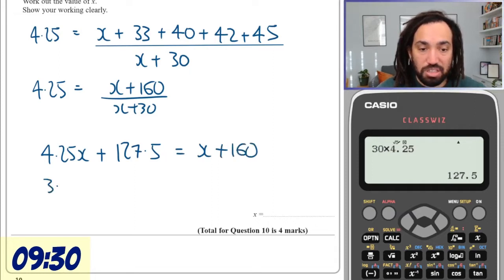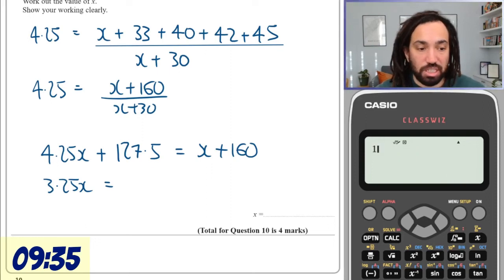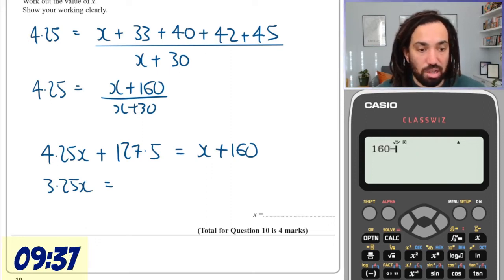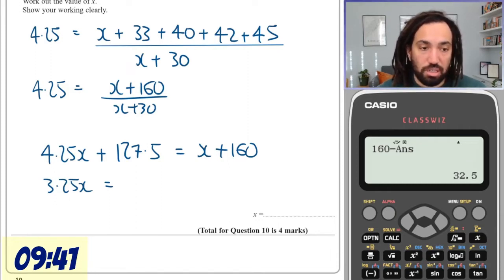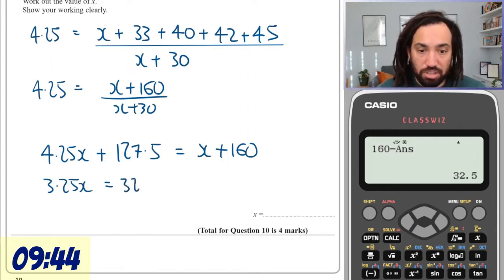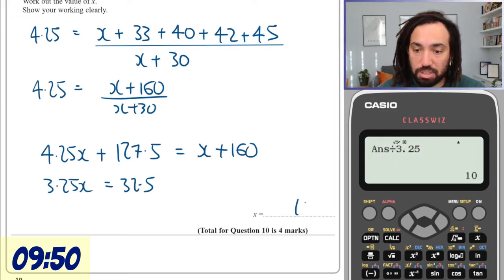So take away an x from both sides, and take away this from 160 is, okay, 32.5. So divide that by 3.25 should give us 10. Fine, x equals 10, lovely.